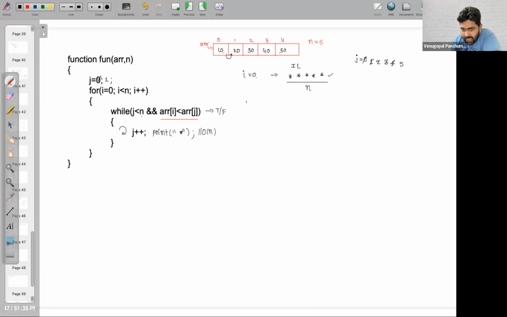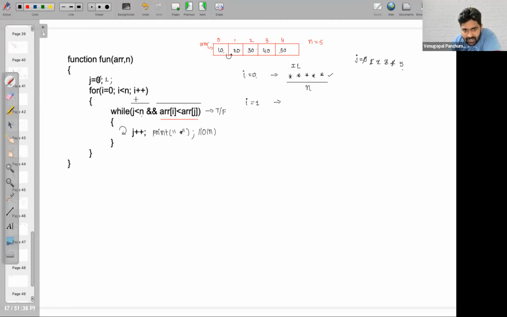Next, I value becomes 1. Now see the beauty. Tell me, what is the J value? 5. When both conditions become true, only then will the while loop become true. Obviously, right?